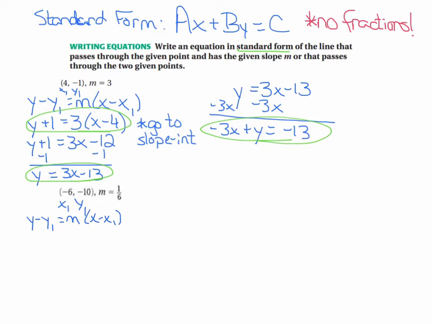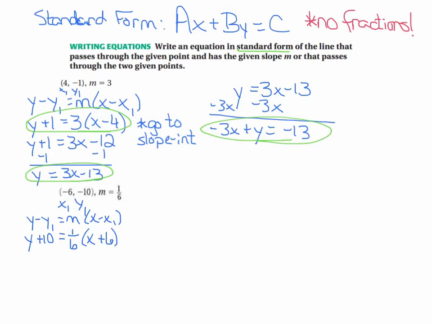When I plug x1 and y1 in, I get y minus a -10, which becomes y plus 10 equals 1/6 times x minus a -6 becomes x plus 6. Okay? There's 1/6. All right? Now, that is point slope form, right?